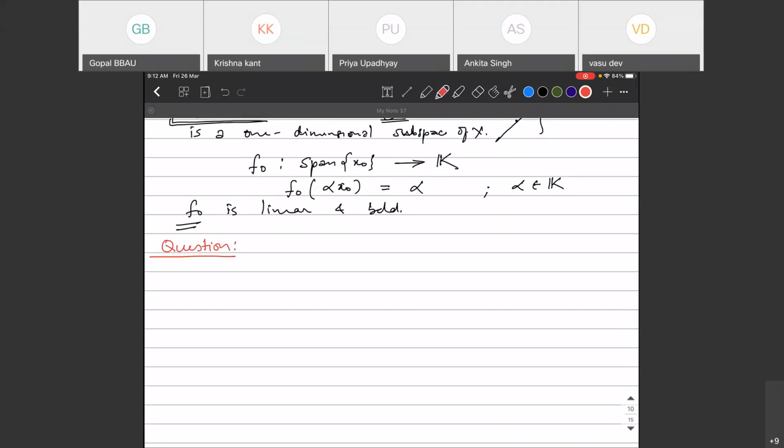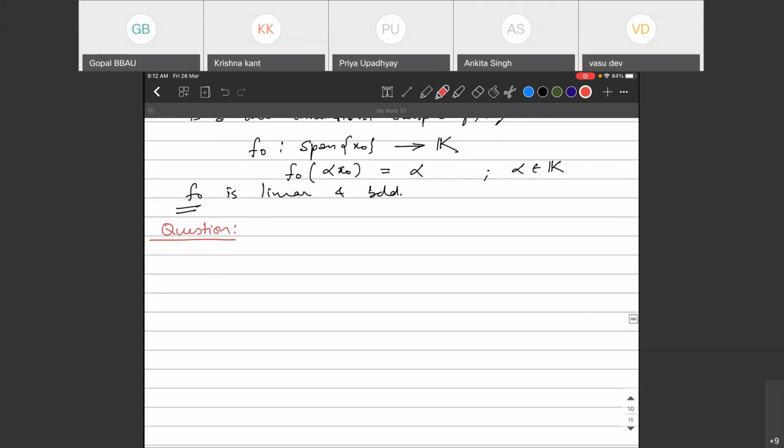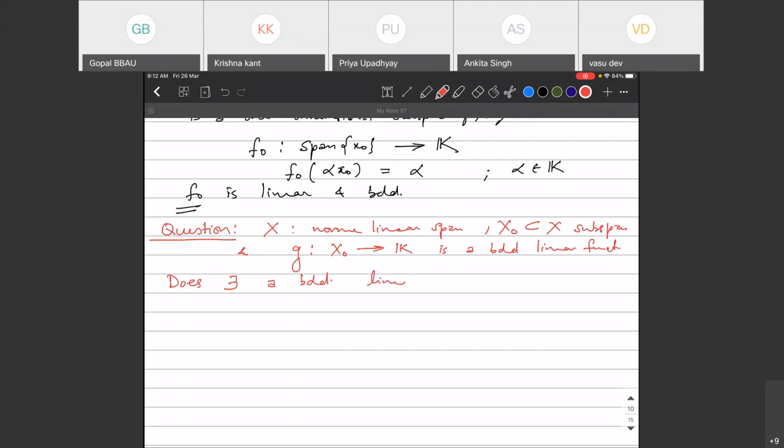If we have a normed linear space X, and X naught is a subspace of X, and g from X naught to K is a bounded linear functional, then does there exist a bounded linear functional f from X to K?